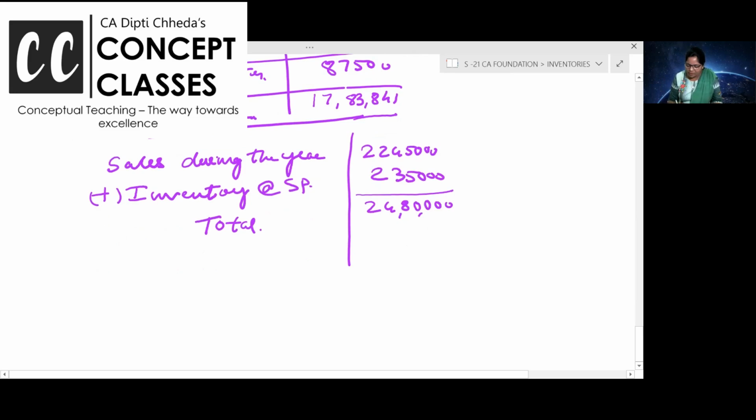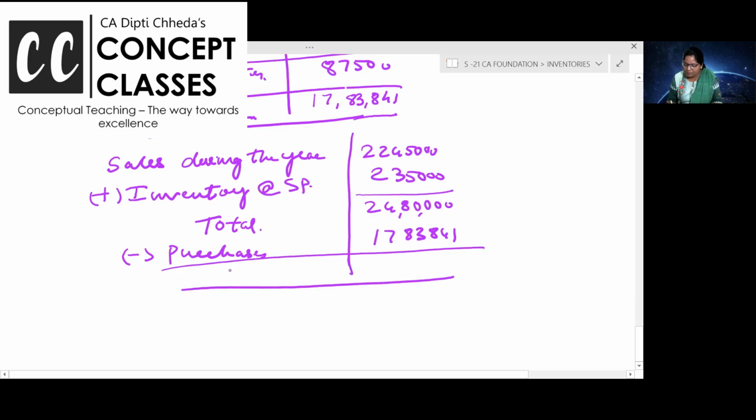And the opening stock is not there. So suppose if I deduct all purchases here, total purchases 17,83,841, will I get the GP, the gross profit? If you want, you can write like this, trading account.